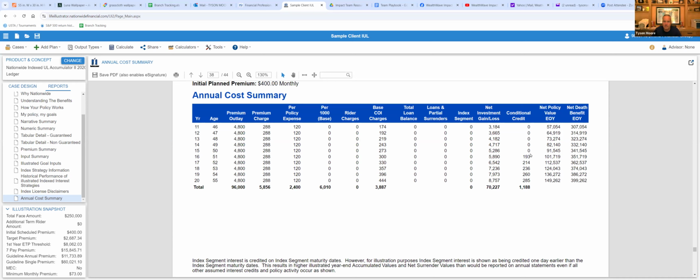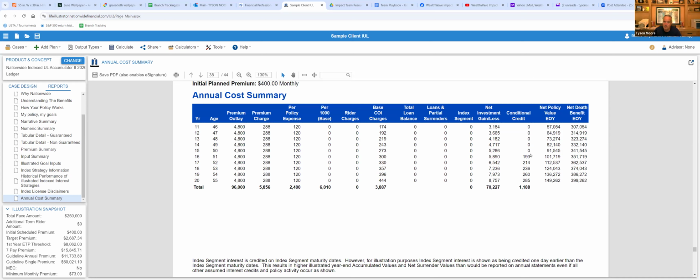They would be a bank if we used a banking parallel. So Nationwide basically is going to return excess profitability back to their policyholders, and the way they do that is this conditional credit endorsement. This is a guaranteed feature, meaning it is guaranteed on the contract. The reason it says conditional is because it's conditional on you paying enough money in the policy.